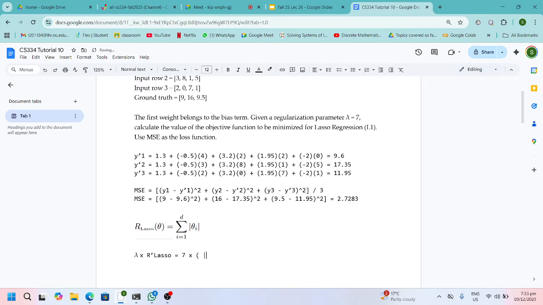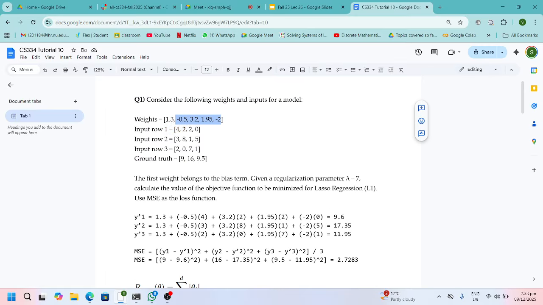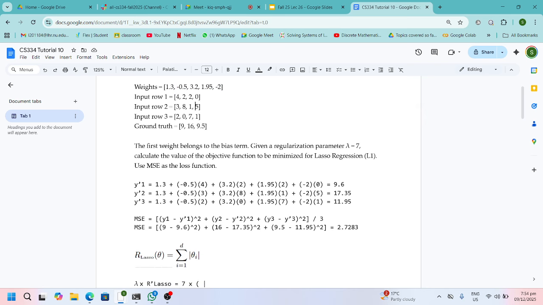So my first absolute value would be, this is for your weights by the way. So my weights are, you are not going to include the bias term in this. You're going to include your parameters. So your parameters were minus 0.5, 3.2, 1.95, and minus 2. So this is what that would look like.